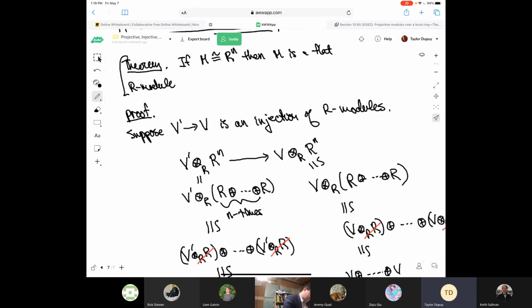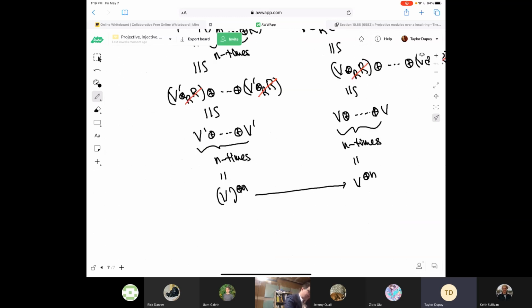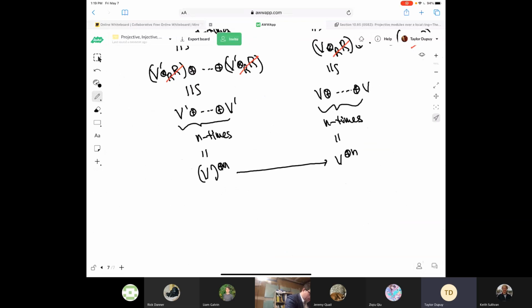Okay, so do we give this map a name? Let's give this map a name. Injection. A good name for an injection is J. Okay, so this is J tensor R to the n over R. So we're just applying the functor to the map. And it turns out that that's naturally equivalent to J tensor n. So it's a direct sum of injections, which is an injection.